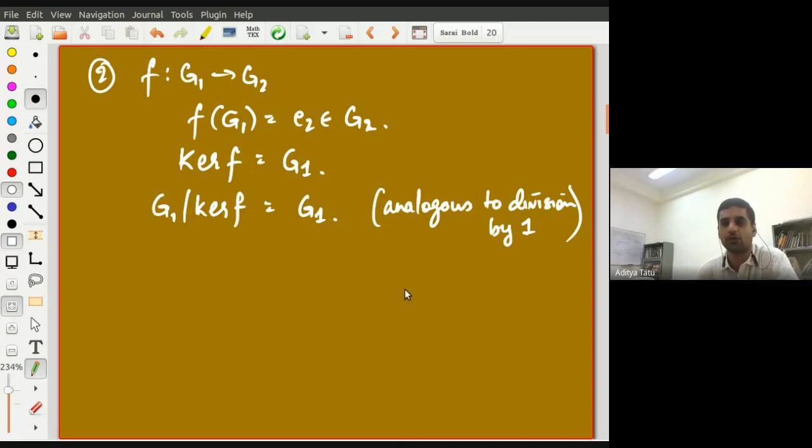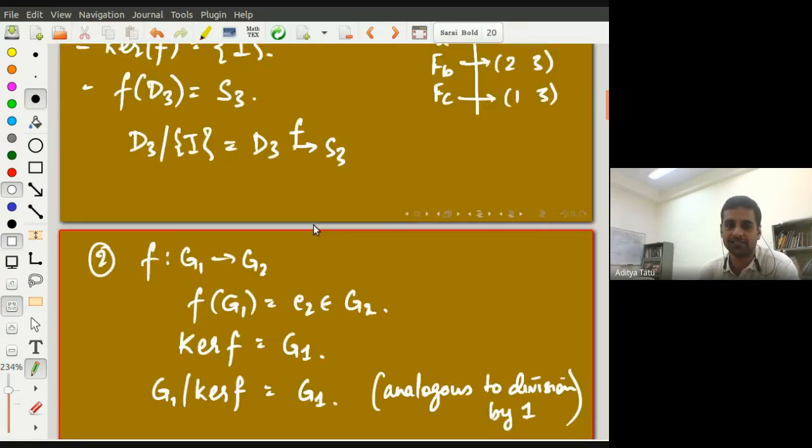So in that sense, all integers are equivalent. Here, it's like all group elements are equivalent. Whereas the previous case is like dividing any number of your group by some larger number. In that case, the remainder will be the element itself.